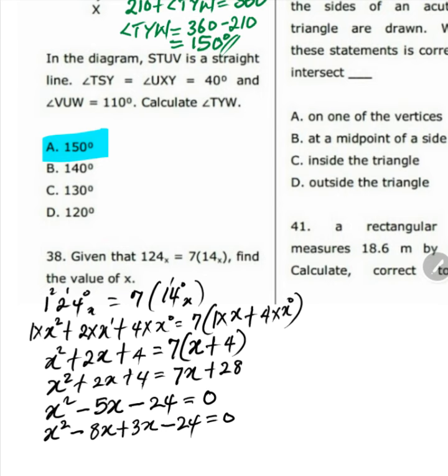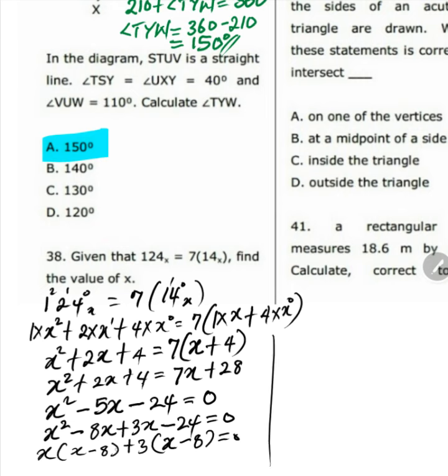If you are confused about this step, please kindly go watch the video on quadratic equation, factorization of quadratic expression or equation. We have videos on both. Kindly do that. So we're going to factor out x to be left with x minus 8, then plus 3, we have x minus 8 as well, equal to 0.